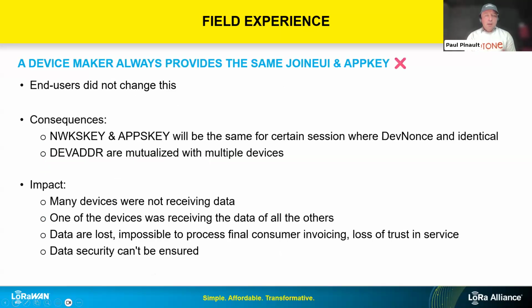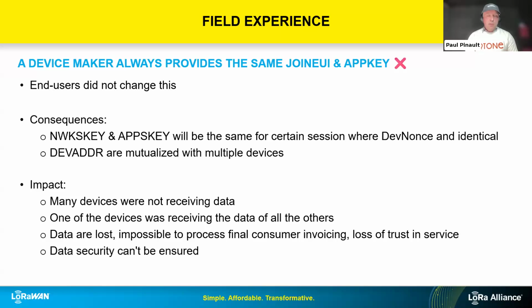Next slide, please. Bad things I have seen on a network, just to say why I say this and why it's like leaving an open door. When I look at the field, I see some really strange things. For example, I have a device maker which is always providing the same join EUI and app key for the device to their customer, and the customer is reusing them.